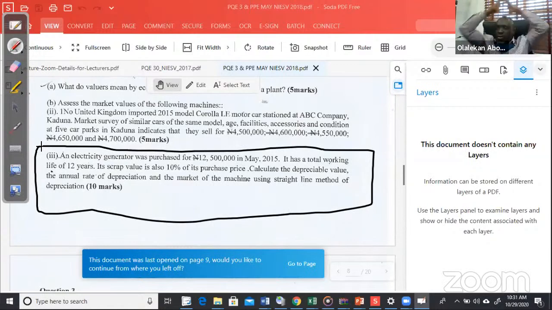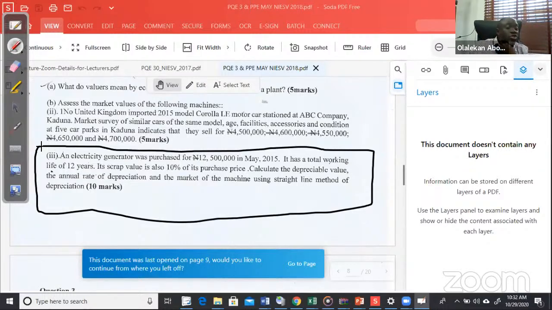Please. An electricity generator was purchased for 12.5 million in May 2015. It has a total working life of 12 years.